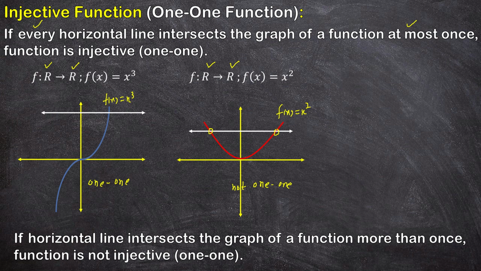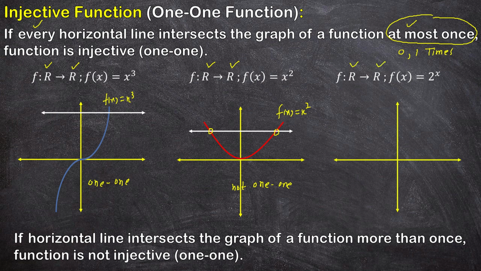Now let's take another example to understand the words at most once. At most once means 0 or 1 times. We take a function f from R to R defined by f of x is equal to 2 to the power x. The domain and codomain of this function is also the set of real numbers. Let's draw the graph of this function. This is the graph of f of x is equal to 2 to the power x.